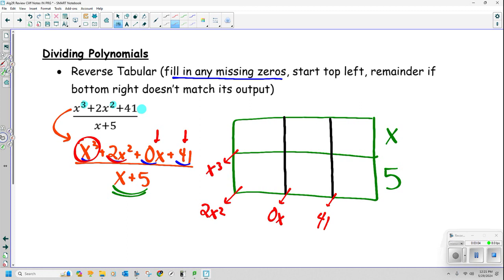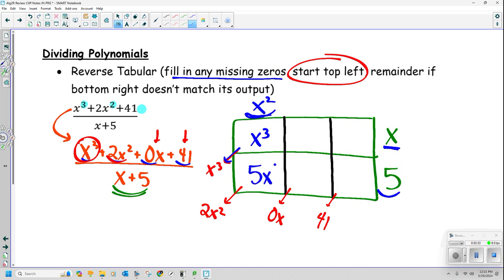I always start in the top left. So the top left outputs x cubed. That's my output. It has to be x cubed. What do I multiply x by to get x cubed? X squared. It's one of these multiplication-like boxes. The numbers on the outside of my rectangle will always multiply. So now I have x squared times 5, that's 5x squared.